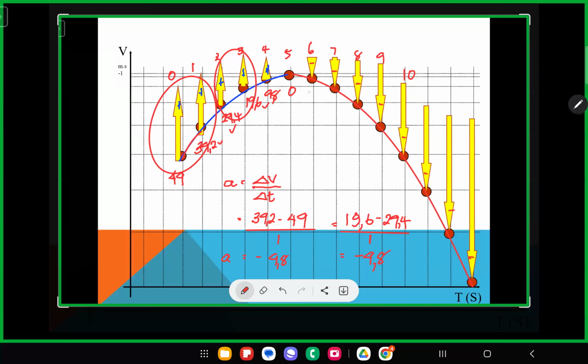I told you at the same displacement position, you're going to have the same magnitude, but the opposite direction. Minus 9.8, minus 19.6, minus 29.4, minus 39.2, and minus 49.